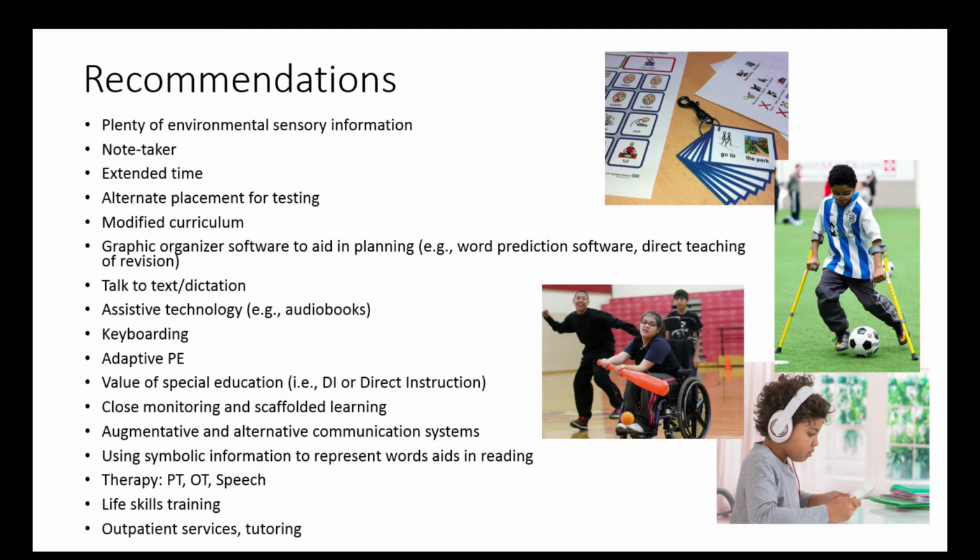From a neuropsychological evaluation, and this is a long list of recommendations, we can get a lot of not only information about how the child learns and how the child retains information and processes the world, but we can get down into some very specific recommendations that could be helpful, that school could be doing, that could be done by parents or caregivers at home.